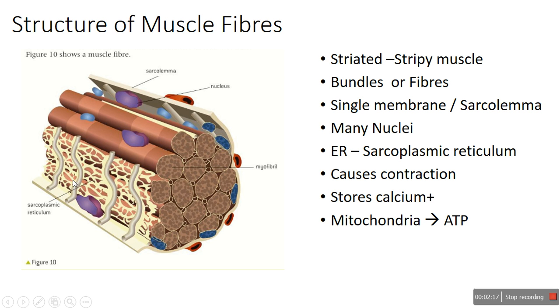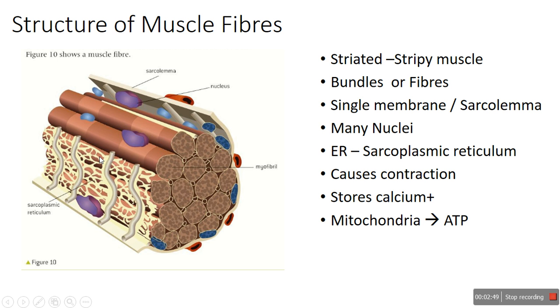Inside it, you can see this thing called the sarcoplasmic reticulum. This is a modified version of the ER, or the endoplasmic reticulum, which we find in most other cells. Remember, the ER is the site of protein synthesis and protein modification. But when it's modified in muscle tissue, it basically wraps around the myofibrils, around these individual fibers that we see.